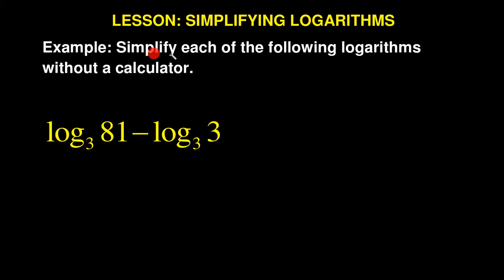It says simplify each of the following logarithms without a calculator. So I've got two separate logs, but it's one thing in a way. I'm simplifying log 3 81 minus log 3 of 3. It says without a calculator.